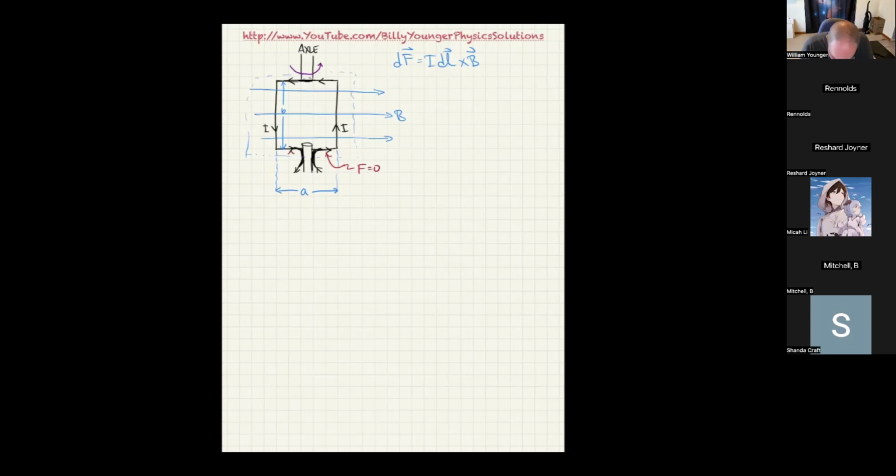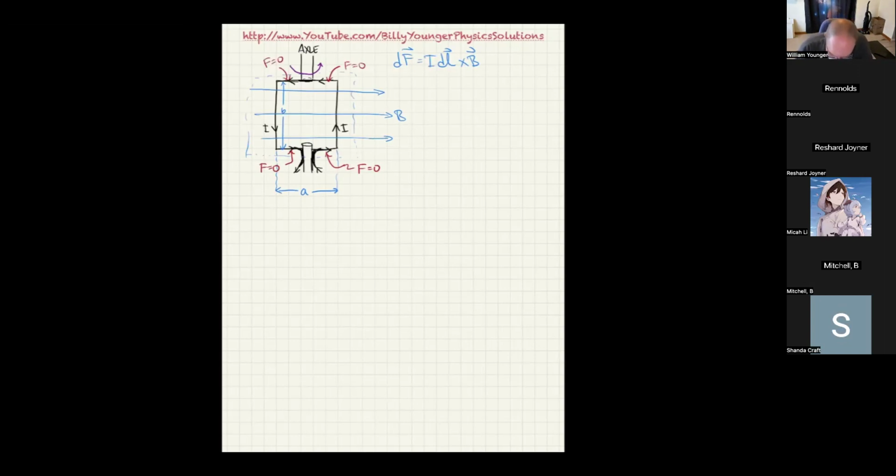Anybody want to guess what happens for this part? F is equal to 0 there as well. And how about this part? This is anti-parallel. That's still the same thing there, right? So F is 0 on that one, and F is 0 on that one as well.